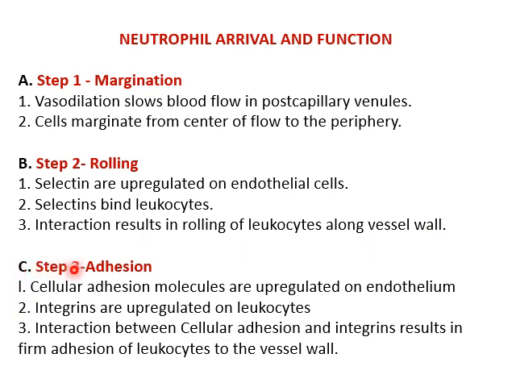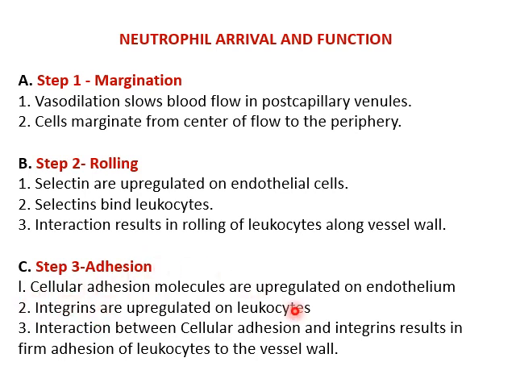Then step number 3 happens, which is the adhesion. Cellular adhesion molecules are upregulated in the endothelium. Integrins are upregulated on the leukocytes. So by the adhesion molecules, I mean the integrins.